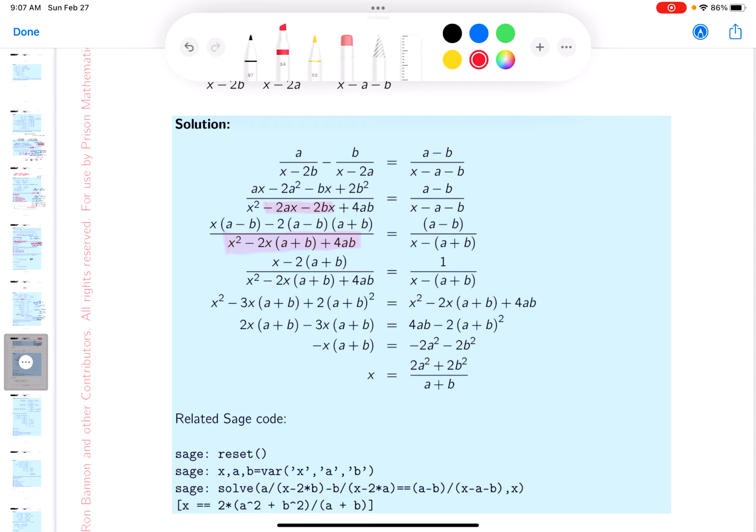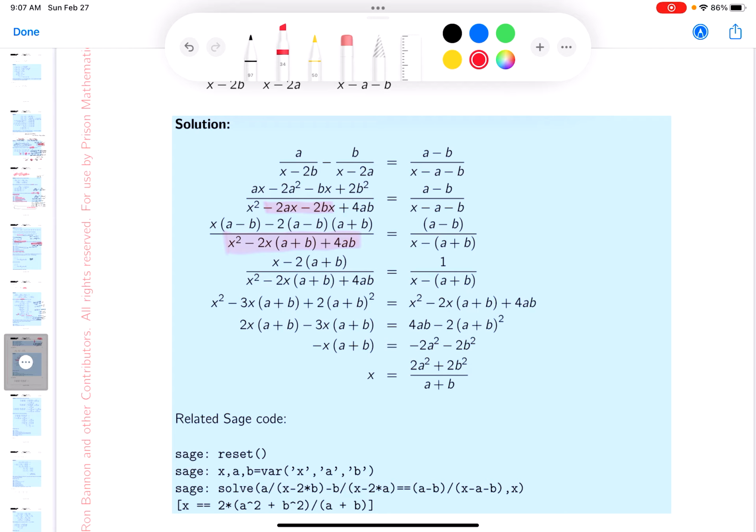All right, let's look at it, see if we got that. Did I get this here? Well, in a different order, but I got it. I got the x squared. I got the 2 times the a plus b squared. I got the minus 3x times a plus b. Now, this side, it's a no-brainer. It's the same thing. It's x squared minus 2x times a plus b, plus 4ab.